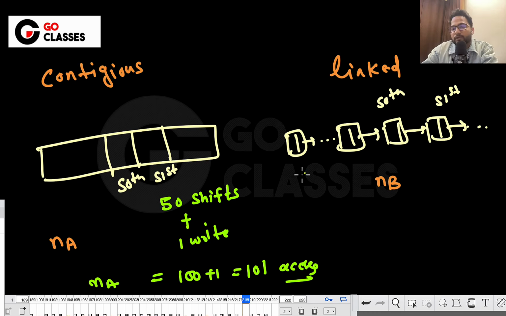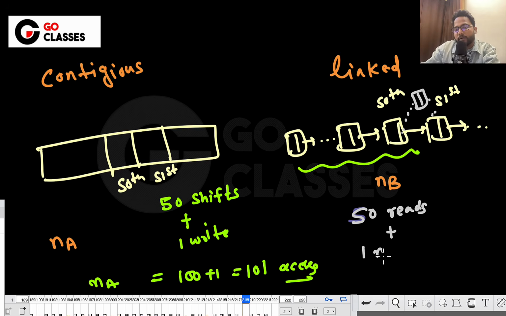What about the linked one? If you want to insert something here, all of this you have to read, so 50 reads. Ultimately this should be pointing to the new block, and then the new block should be pointing here. So you have to write the new block, plus one write for the pointer manipulation, which means you have to update this.